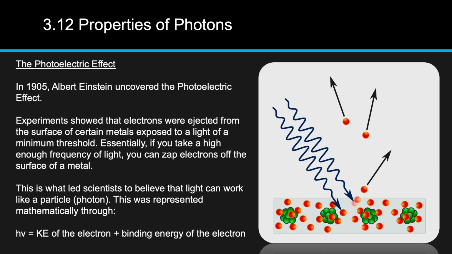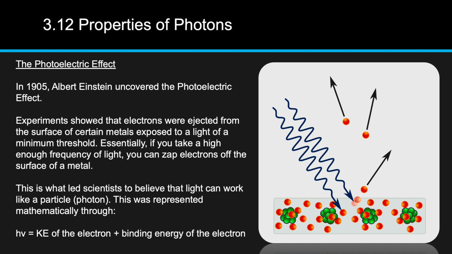Now let's talk about one of the most famous discoveries about photons, which is the photoelectric effect. What scientists found was that when you shine a light on a piece of metal, nothing happens unless the light has a high enough frequency. Once you pass that threshold of frequency, electrons get ejected from the surface.